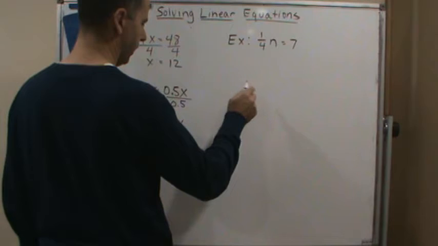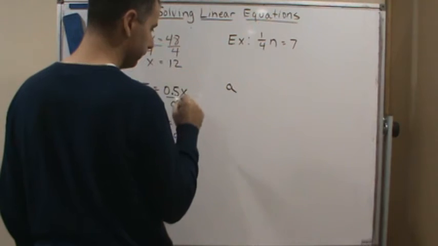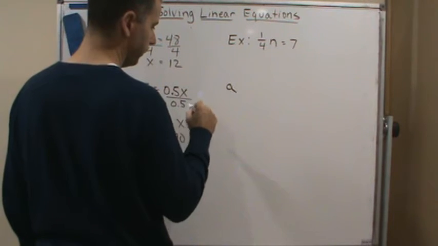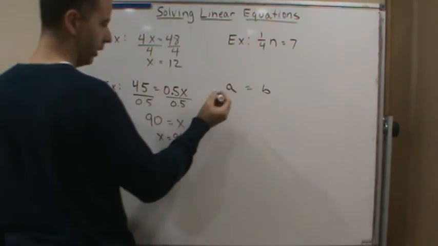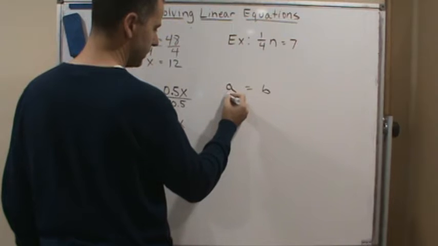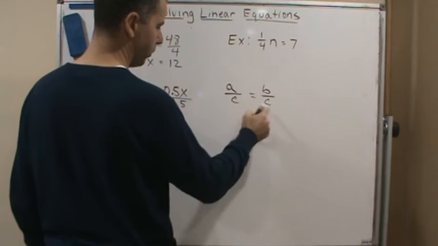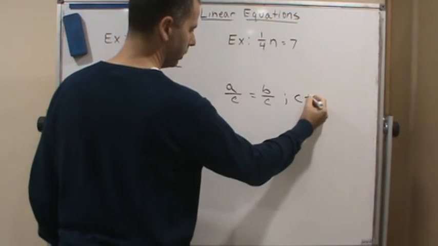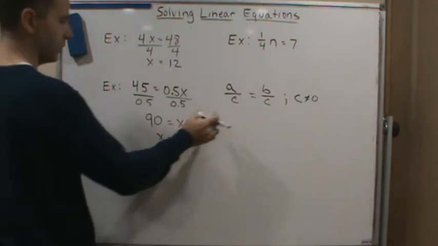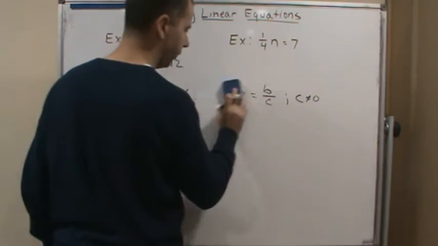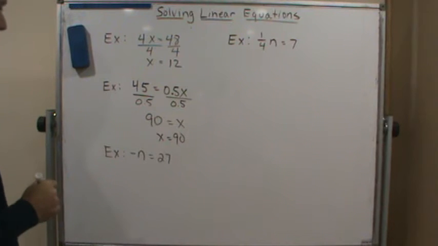Oh, by the way, just for completeness, if I have a equals b, and I use the multiplication principle with division, then it also means that if I divide both sides by the same non-zero quantity, then it still conserves the equality. Okay? I showed it for the multiplication, but again, it holds for division as well.